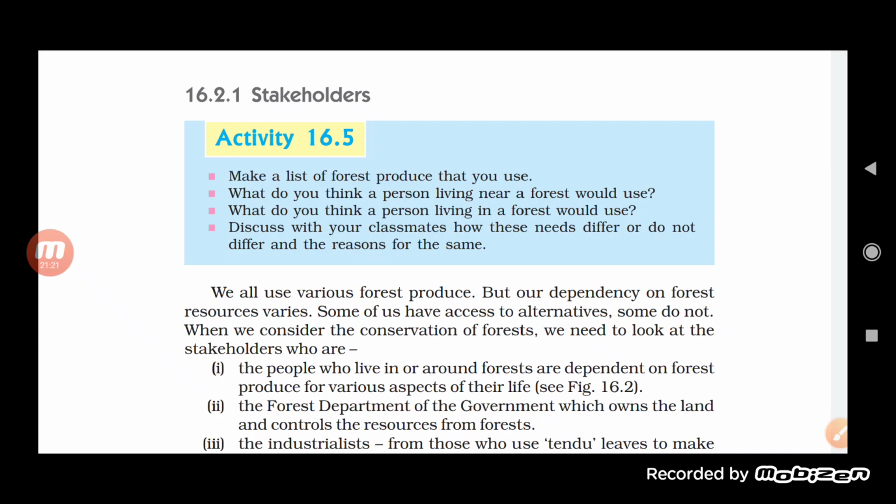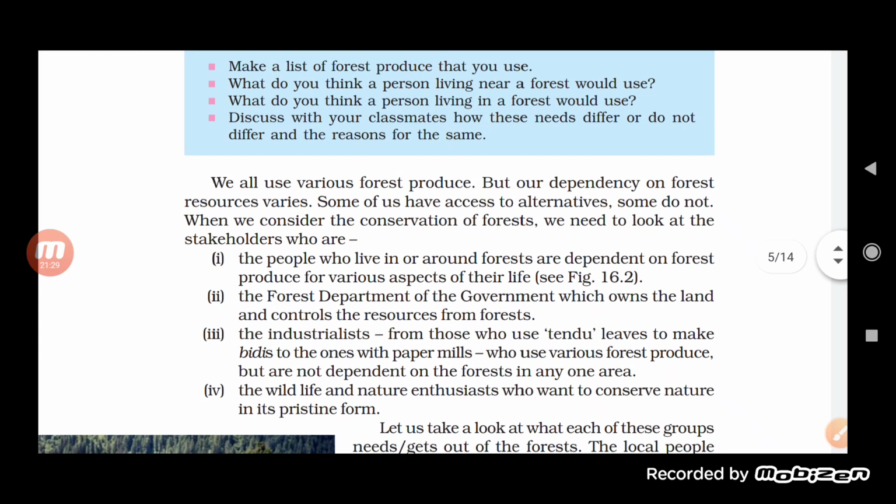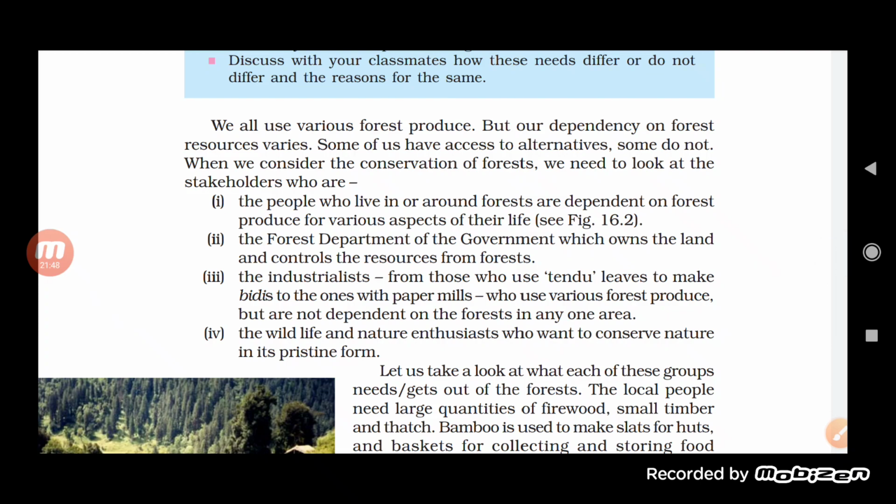I'm repeating it: a person with an interest or a concern in something is called a stakeholder. Here, in the case of conservation of a forest, there are basically 4 stakeholders who are interested in the conservation of the forest, students. So who are those 4 stakeholders?